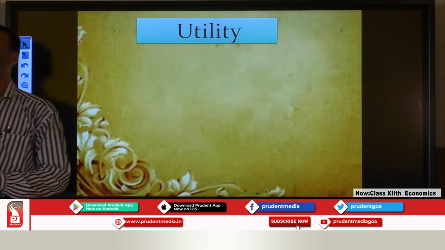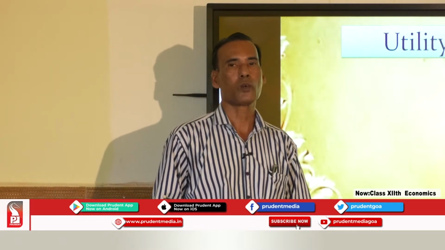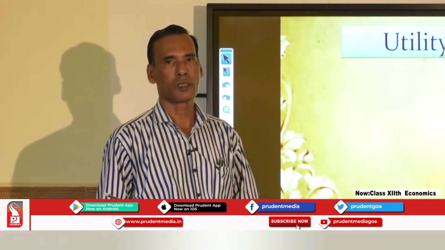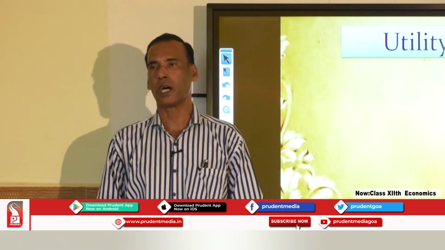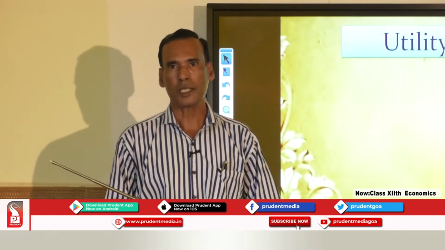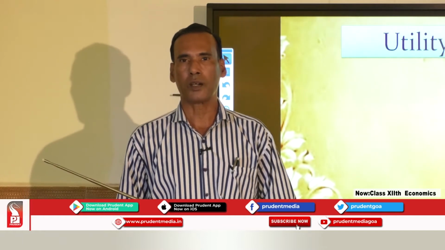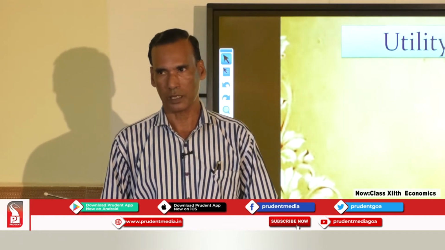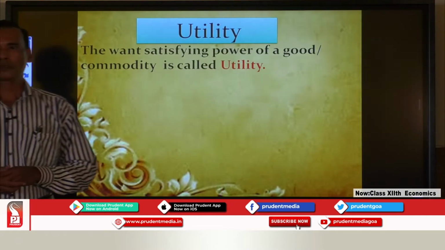Now, the first concept that we need to know is utility. Now, what is utility? Utility means it is the want-satisfying power of a commodity. When you consume that commodity, it satisfies your want. That power is called utility. For example, I am hungry.